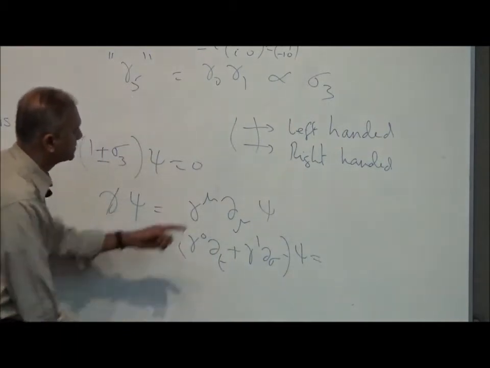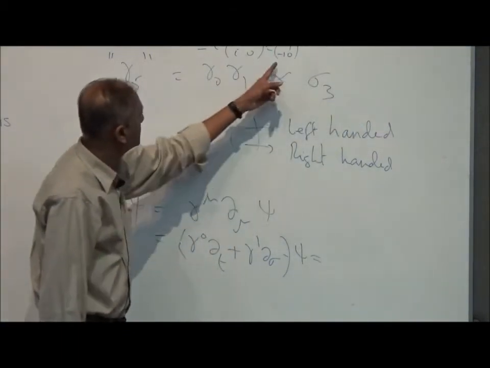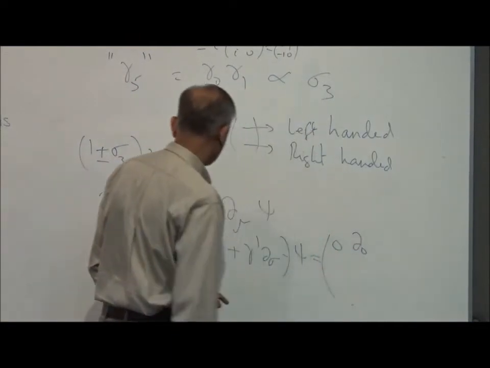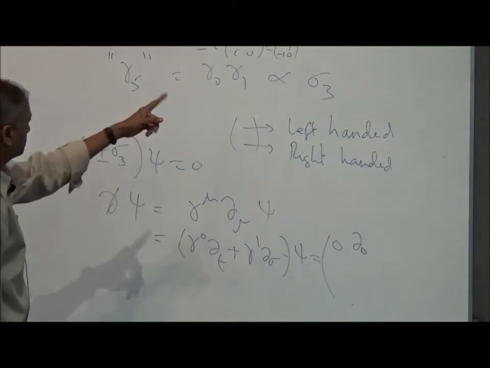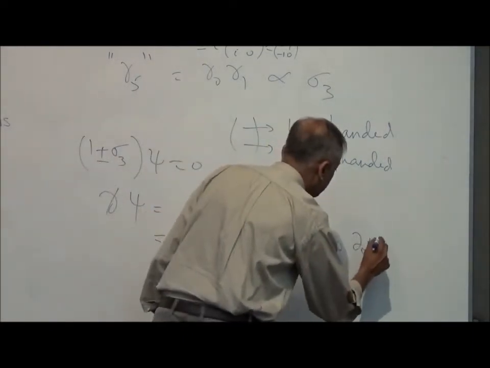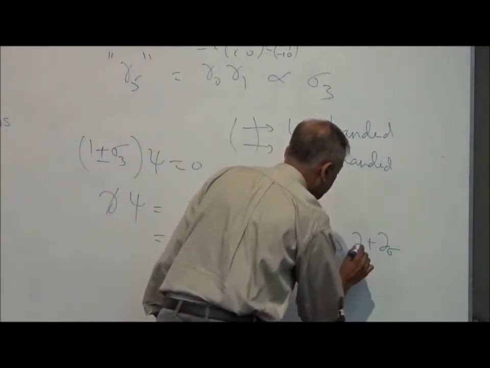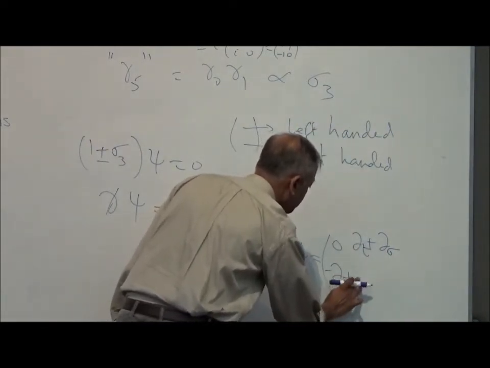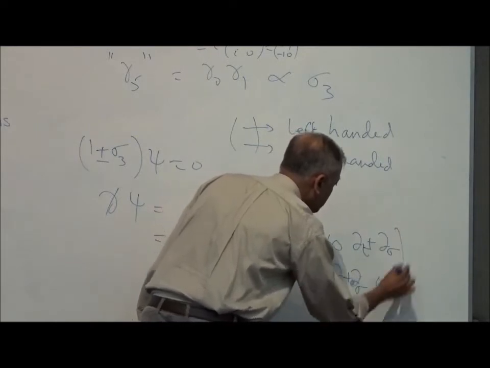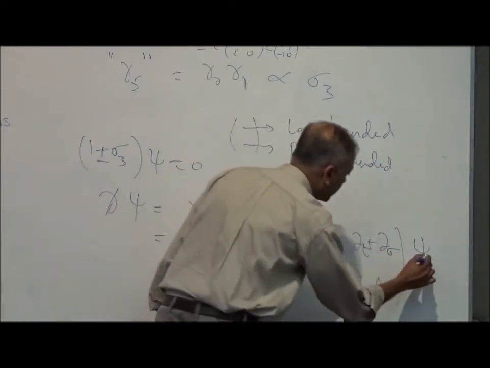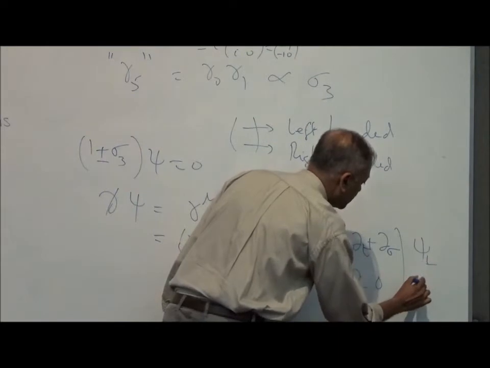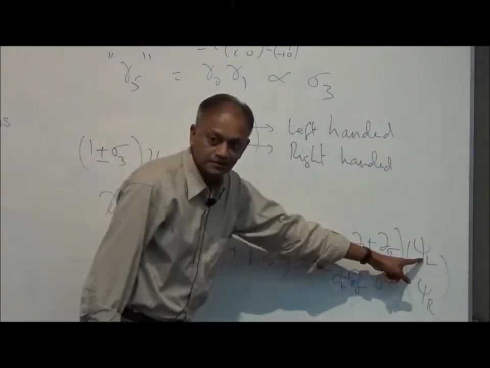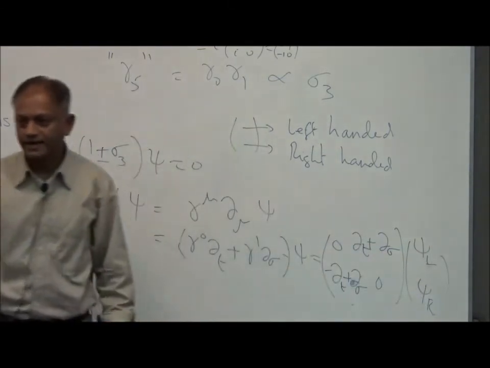Just writing down gamma 0 and gamma 1, you find that this is a matrix with 0, dt plus d sigma in the top row, and minus dt plus d sigma, 0 in the bottom row, acting on psi L and psi R. So psi L means left-handed, and psi R means right-handed.